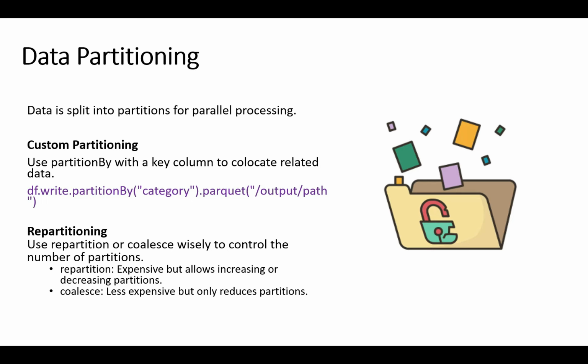The benefit of repartition is that it allows you to increase or decrease the existing partitions that your data has. But of course it is expensive, because when you are changing the number of partitions, you are shuffling the data across the entire network. Coalesce is less expensive because it only allows you to reduce the partitions. So it is not doing a widespread, entire-cluster shuffle.